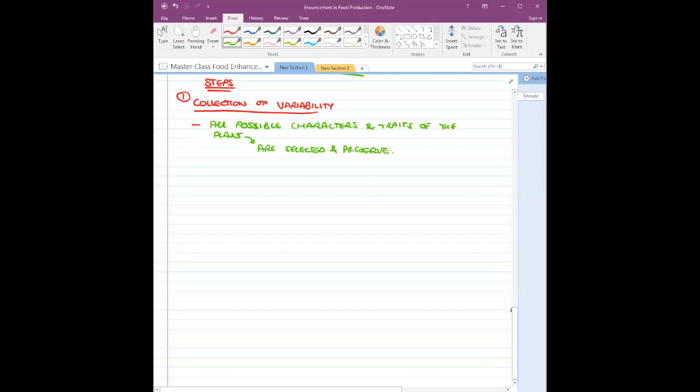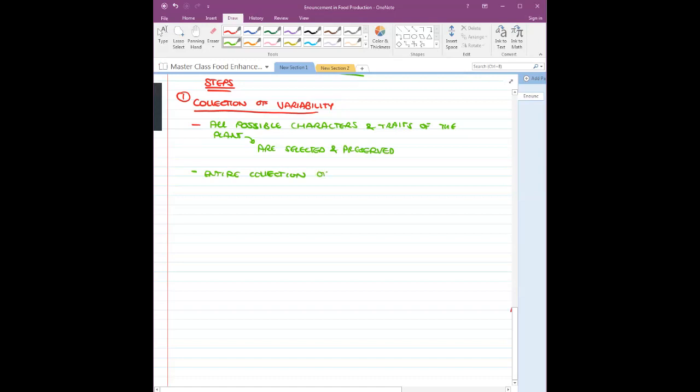But now, what is this entire collection called? This entire collection of all the various alleles is called germplasm, or we also call this the germ pool.